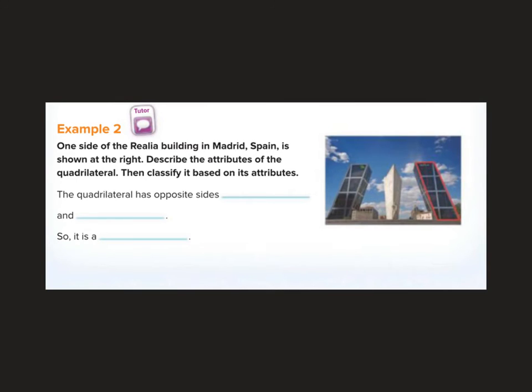So we're going to look at this shape right here. This quadrilateral has opposite sides that are parallel. I'm just going to write parallel. It's not really a complete sentence, but opposite sides are parallel, right? This side is parallel to this side. It's never going to touch, equal distance apart.